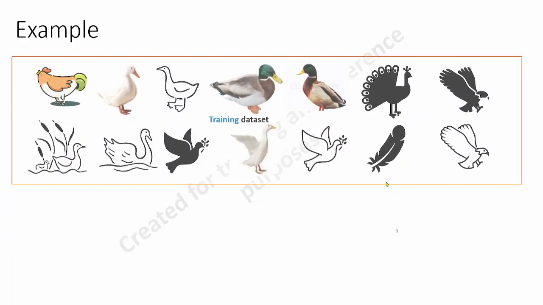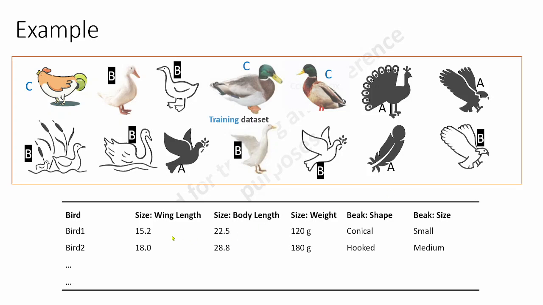Let's look at another example: a bunch of birds, and these birds are tagged with label A. Some birds are tagged with label B, and some are tagged with label C. Let's say each bird can be represented by these columns, and these columns have some specifications like wing length, body length, weight, shape, and size.